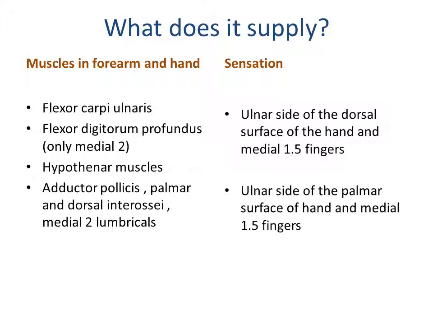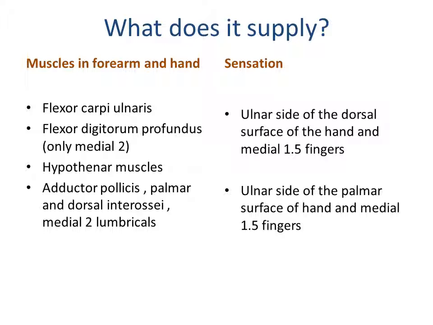What does the ulnar nerve supply? It does not supply anything in the arm. It starts off in the forearm by supplying the flexor carpi ulnaris, the medial two flexor digitorum profundus, the hypothenar muscles, the adductor pollicis, palmar and dorsal interossei, as well as the medial two lumbricals.